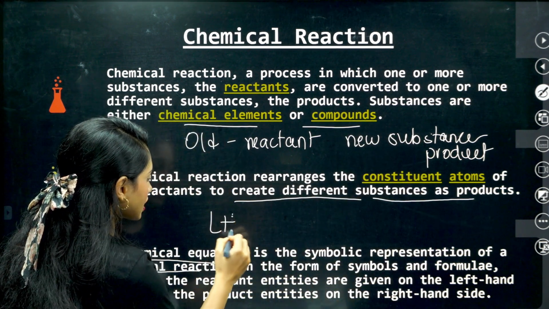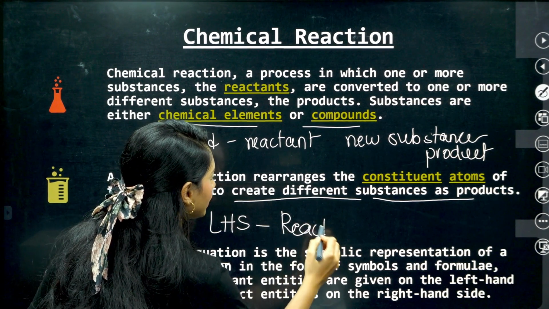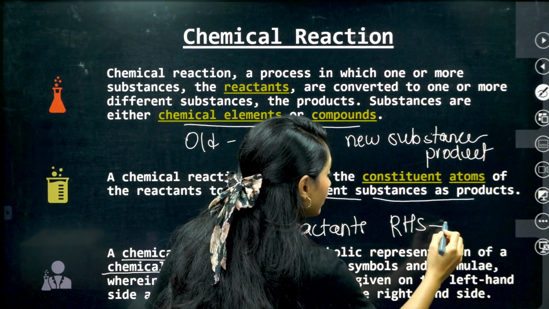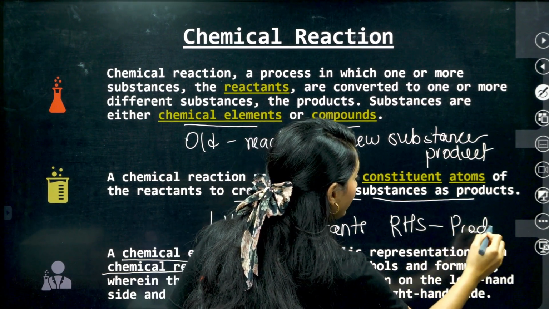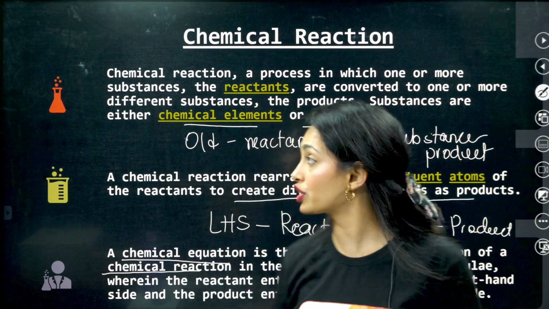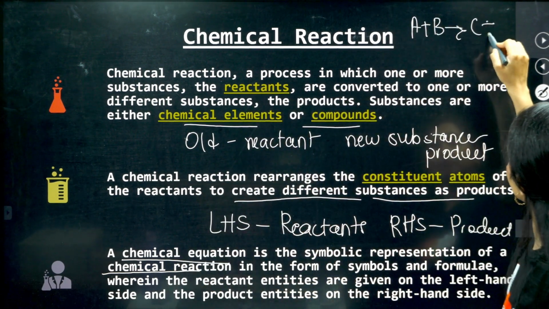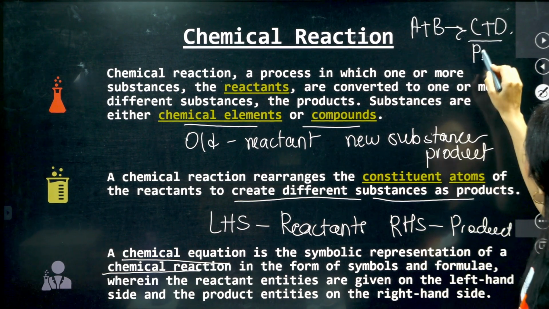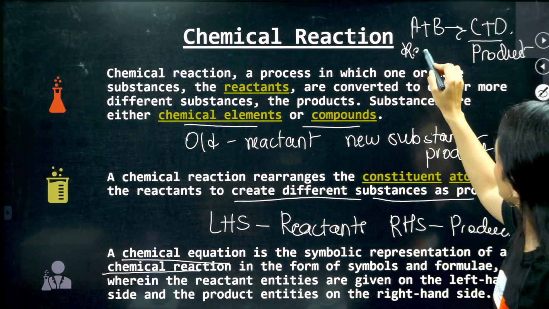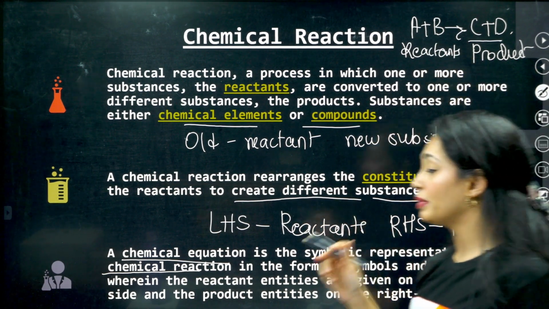So in the LHS we are going to have reactants, and in the RHS, right hand side, we are going to have products. How do we represent a chemical reaction? This is a very simple, general reaction: A plus B gives C plus D. C and D are the products. A and B are the reactants.